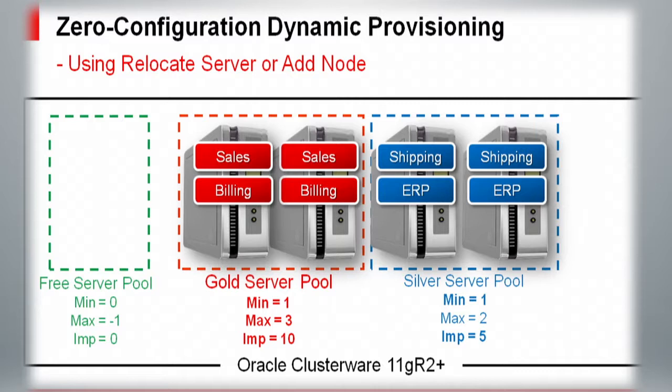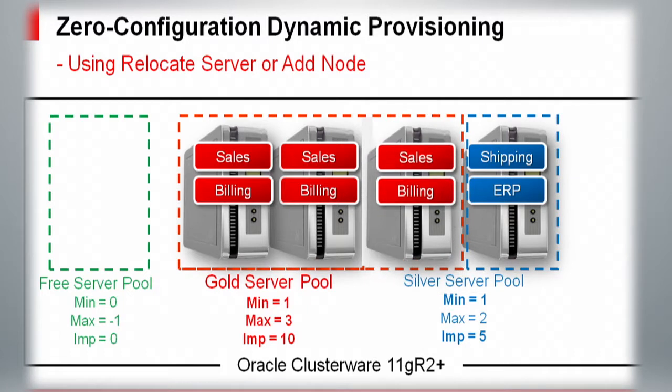So in this particular case, I've got 2 pools, 2 servers in each pool. Should I have a demand surge, I can cause, manually or through QoS management, a server to join the gold pool at the expense of the silver pool to keep my gold pool's objectives being met.